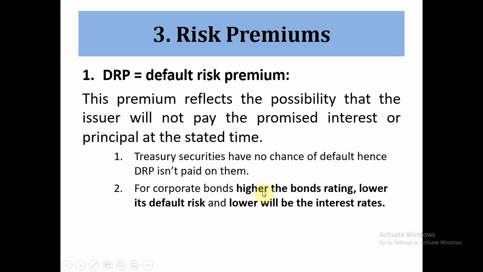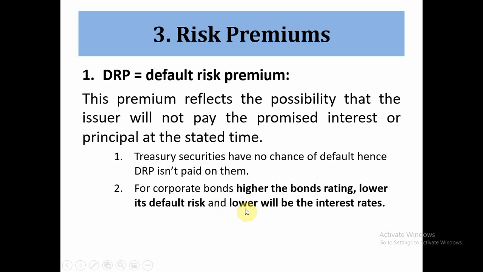So for corporate bonds, the higher the bond's rating, the lower its default risk, and the lower will be the interest rate. For the corporate bond, their rating has been issued by many financial companies. So if the company has a higher bond rating, and obviously when the company has a good financial position, there are fewer chances for the company to default in the future.